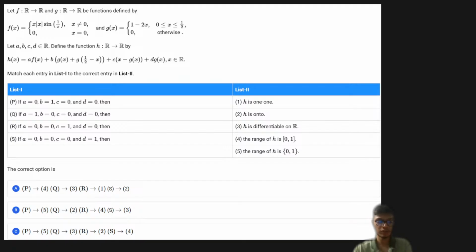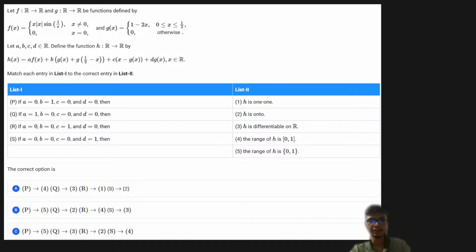Okay, fine. So let's try to solve this question. We have a match the following types of question, and we have to find out which of the following options is going to be the correct match. There are two different functions: first, a function f of x that is defined as follows, and another g of x which is also piecewise defined.